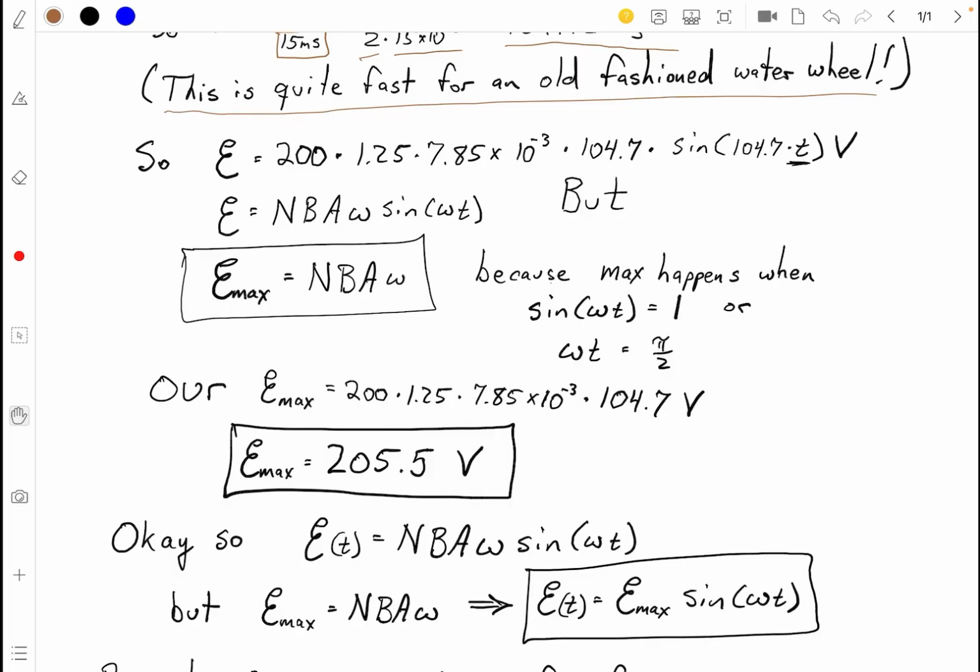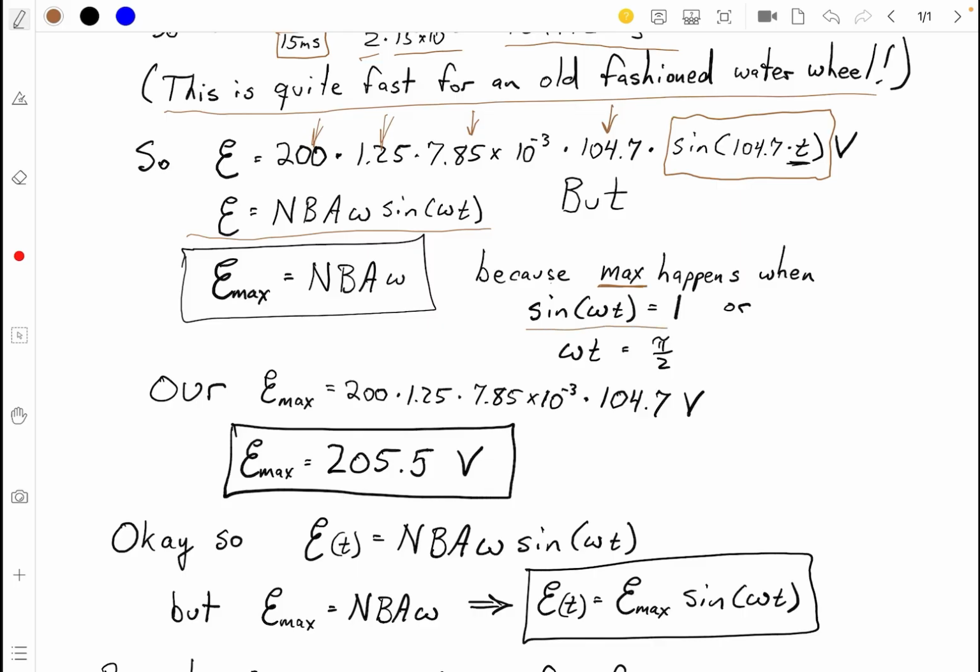But let's figure out what our EMF is. Okay, so let's do that. We're going to plug in all those numbers. We've got our 200 for the number of turns. We've got our B field. We've got our area. We've got our omega. And then we're multiplying all of that times the sine of omega t. Right. So that's all these things. But we want the maximum, okay?